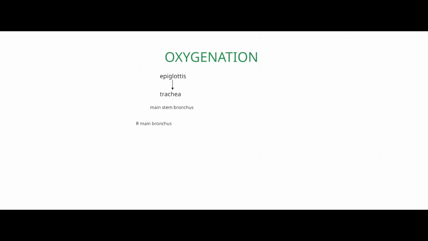These are known as your primary bronchi. From your primary bronchi, it basically gets smaller and smaller, and it becomes secondary bronchi. After secondary bronchi, again it gets smaller and smaller, and then we have our tertiary bronchi. Once we've gone through our tertiary bronchi, it becomes your bronchioles.